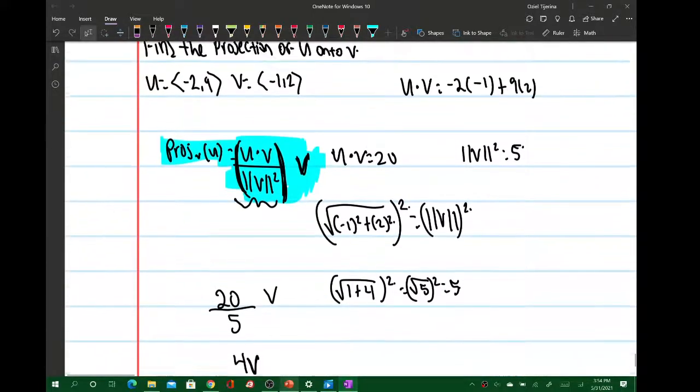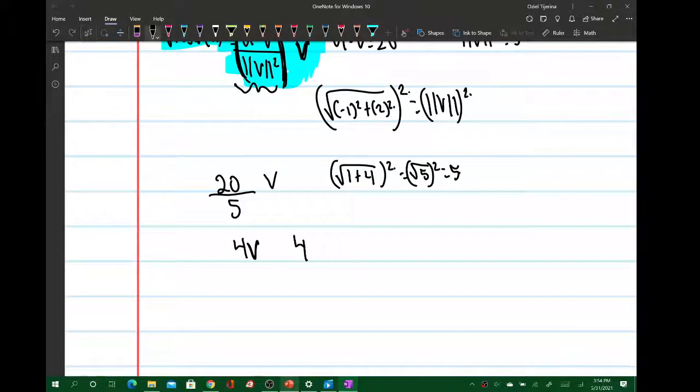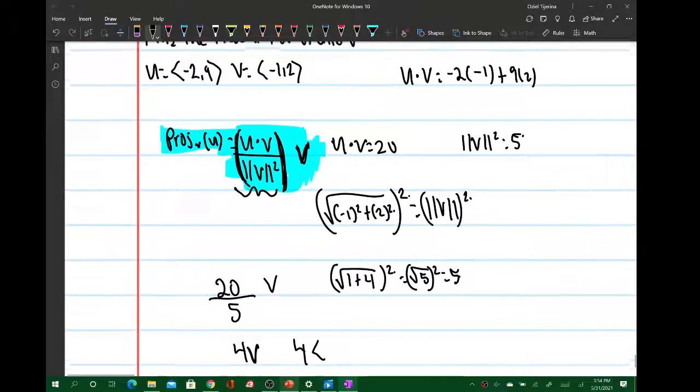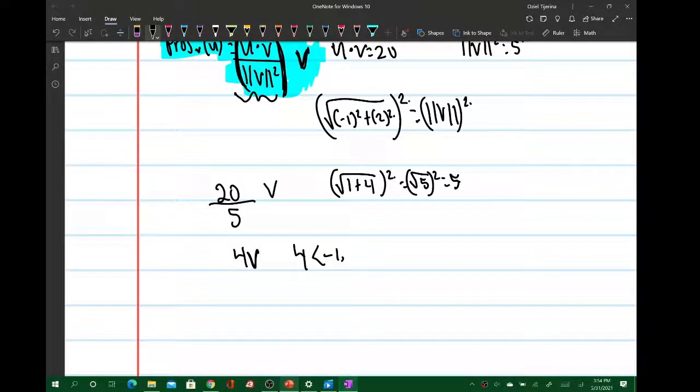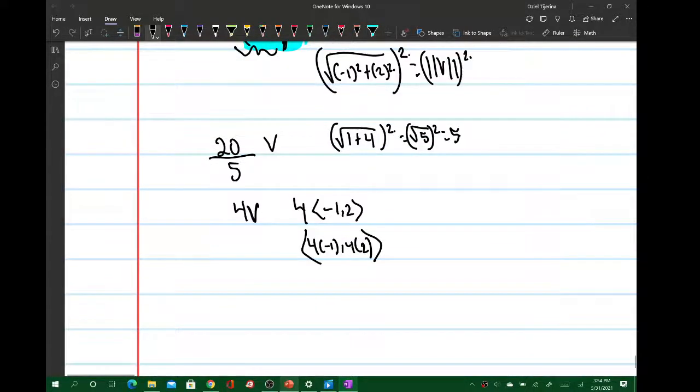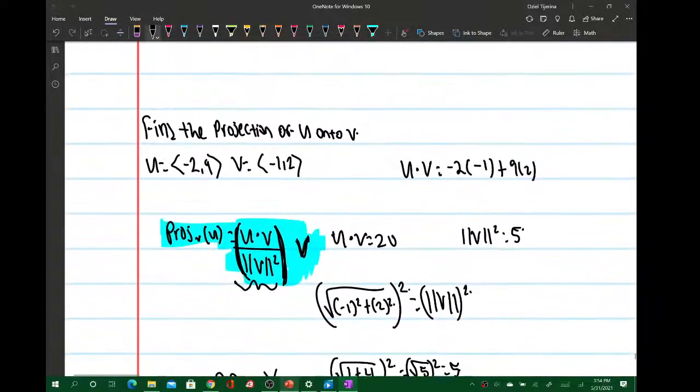Now 4v is going to be 4 times the vector negative 1, 2. So then it will be 4 times negative 1 comma 4 times 2, and then you get negative 4, 8 as your vector. So that is the projection of u onto v.